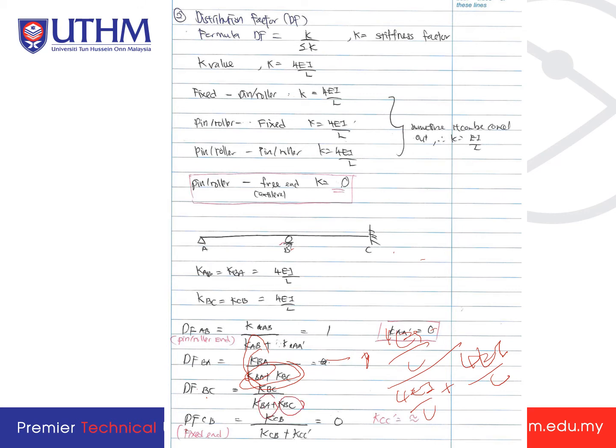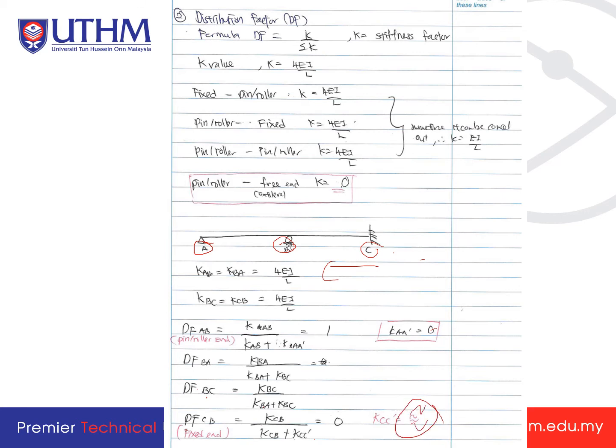So it means that when you want to get the distribution factor, you need to determine it according to each joint. What is the K you have as the stiffness factor? Okay, so let me reduce this. And then KCB is from here to here, and here is KCB over KCB plus KCC, where KCC is infinity.